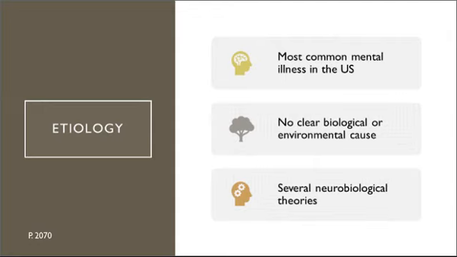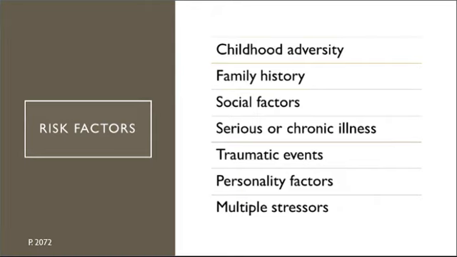The theories are chemical, psychosocial, behavioral, genetic, humanistic, multiple different theories, which I'm not going to go into. I don't think that's pertinent. Risk factors: childhood adversity, including witnessing traumatic events, not necessarily having experienced it. They don't have to experience it themselves. Page 2071.